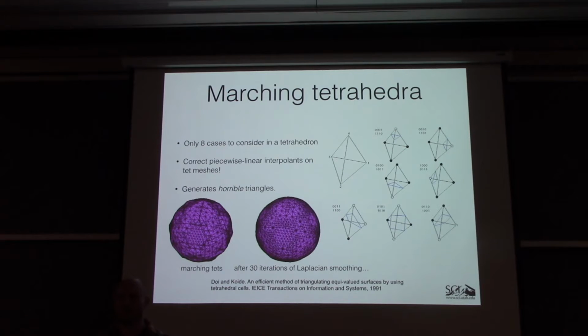A lot of the reason is that it's very easy to parallelize compared to marching cubes. Both are fairly straightforward to implement. One last advantage of marching tetrahedra is that with marching cubes, the underlying implicit surface within one cell, with a trilinear interpolant, is natively a piecewise cubic surface.